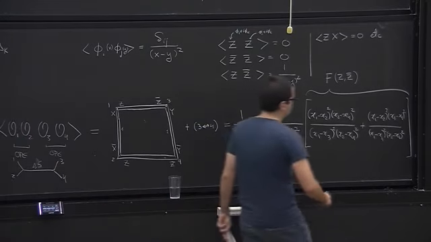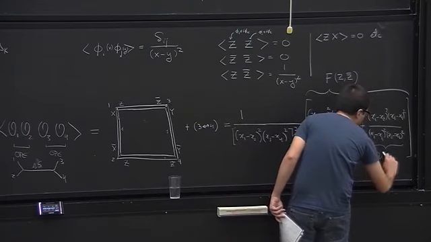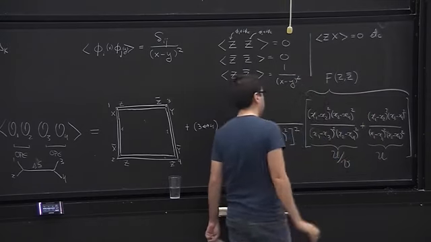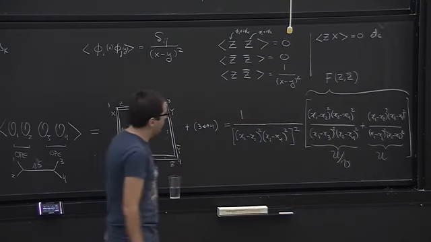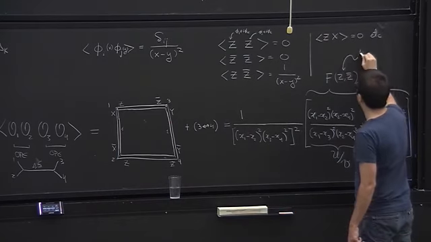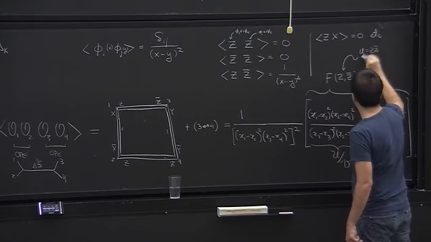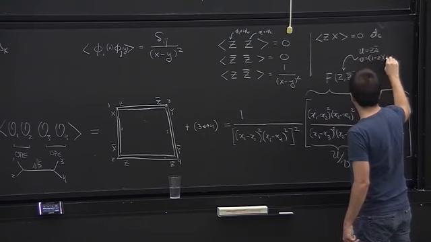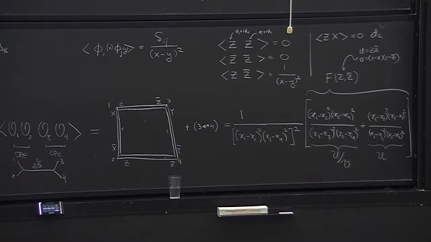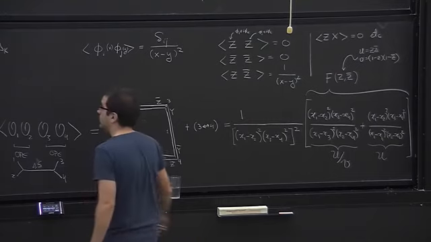Now, if you look at your notes, this was exactly what we had defined as U, the cross ratio U. And this one is nothing but U over V. And the relation between U and V and the convenient Z and Z bar was that U was equal to Z Z bar, and V was equal to (1 minus Z)(1 minus Z bar). And this was useful because the conformal blocks look much nicer in terms of Z and Z bar than U and V. So these are more convenient. Very good. Let's continue.